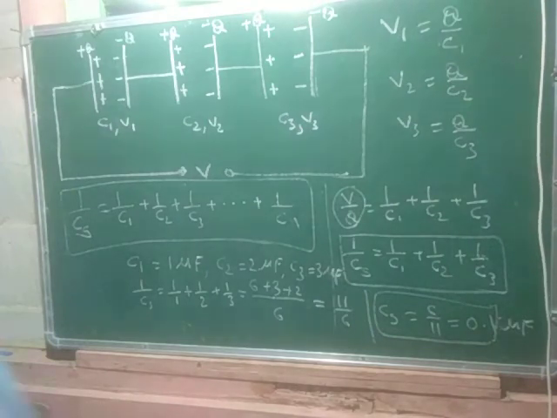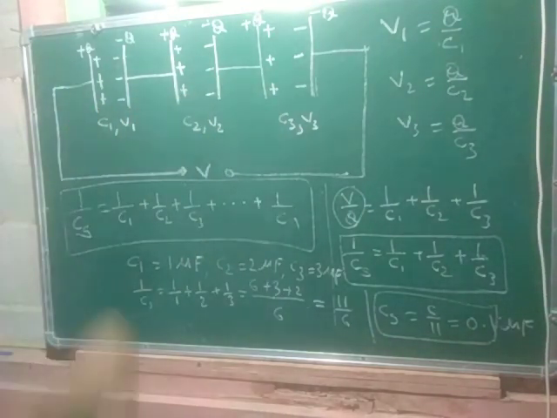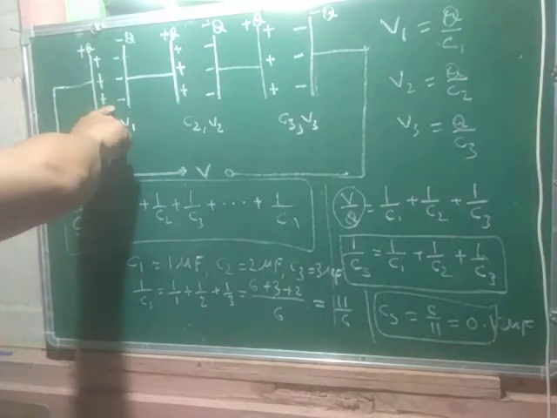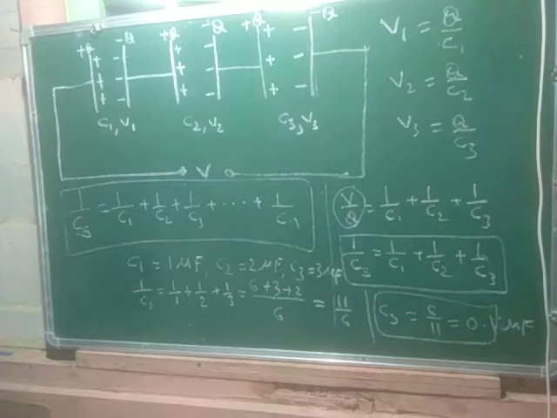A third point to be noted is that the charge on each capacitor here is the same. If the charge of the first capacitor is Q, here also it will be Q, and here it will be Q. And the potential difference across any capacitor is inversely proportional to its capacitance.